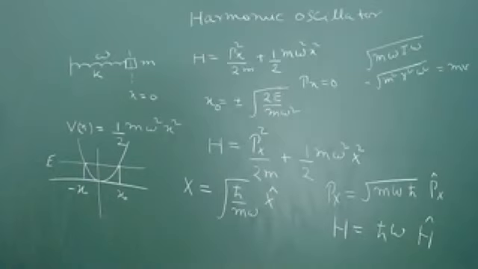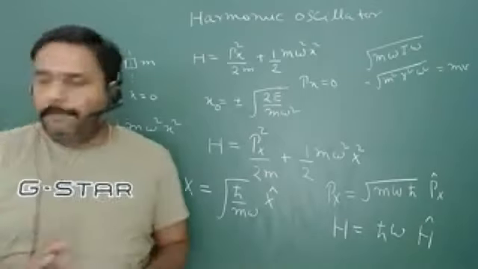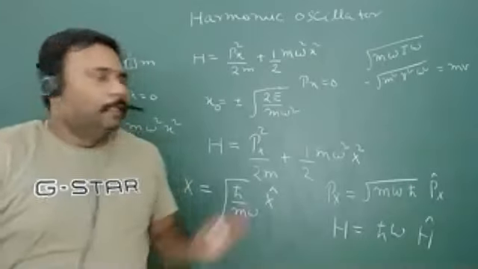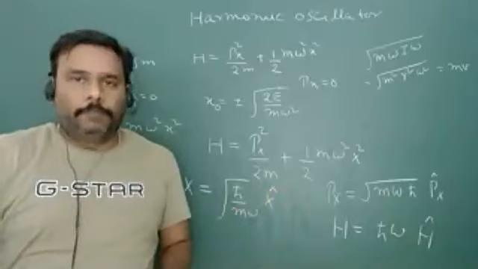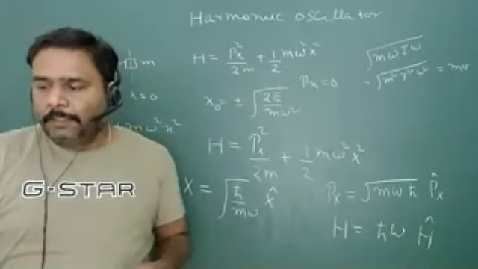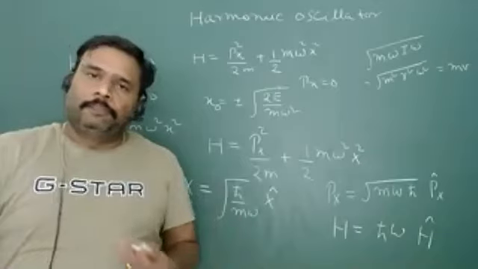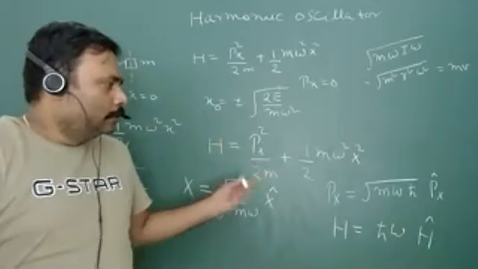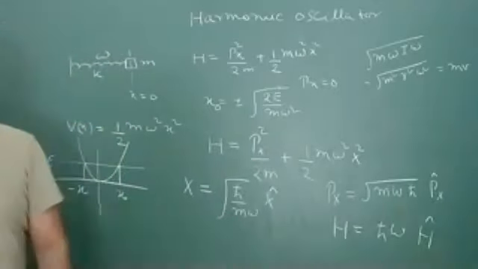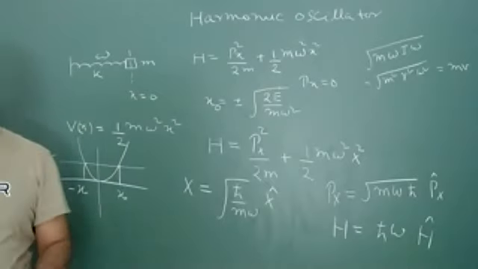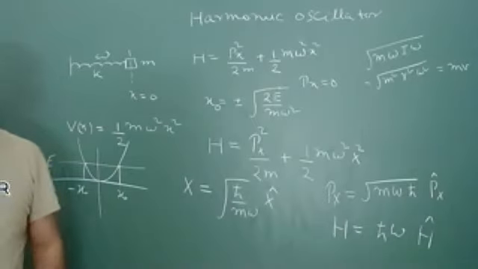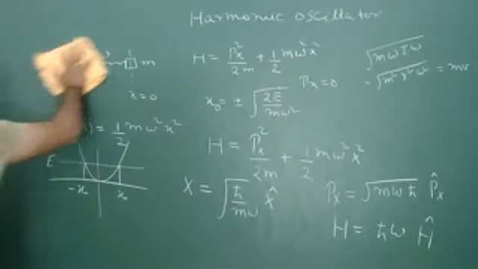If you have any doubt, you can raise the question, because in this problem, derivation is very important. Unless you understand the derivation, it is next to impossible to solve the problem. Derivation in quantum mechanics is always important. Are you people comfortable? Yes, sir. Okay. Your silence keeps me happy.